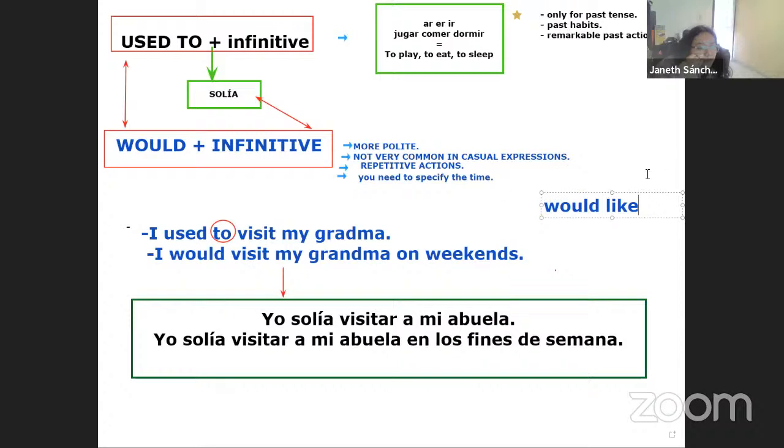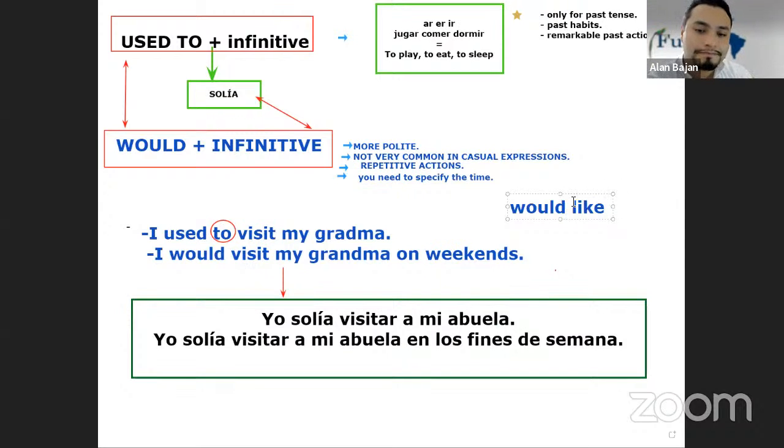Pensé que would era como el iría, como me gustaría. También, pero en este caso, la expresión para decir ia lleva to al final. I would like to. I would run. Yo correría. Y el contexto es diferente.